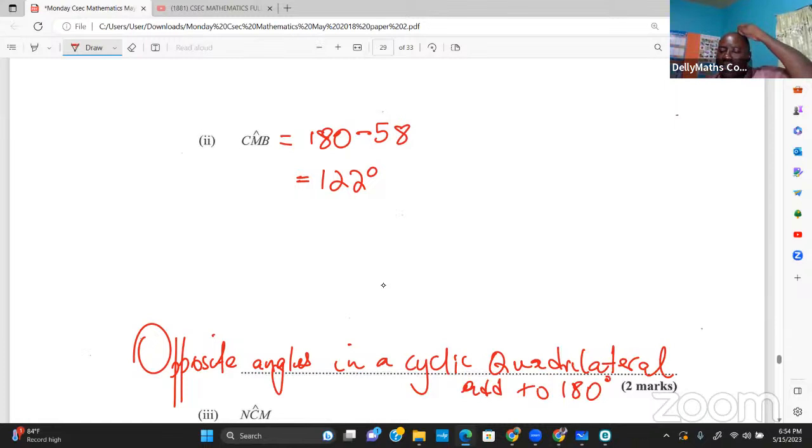Or you could say opposite angles in a cyclic quadrilateral are supplementary, right? That's another thing that you could have said. That's fine as well. But you could write add to give 180 degrees.